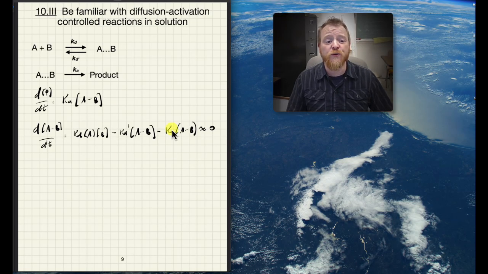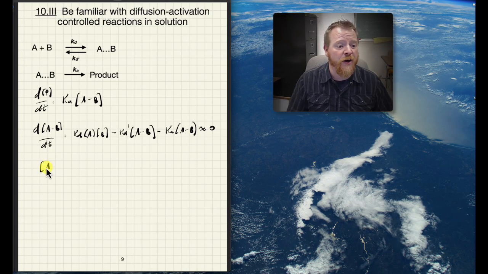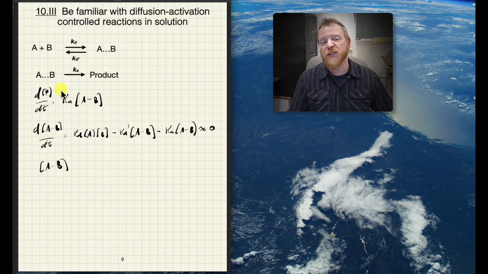And what we want to solve for here is the concentration of our encounter pair so that we can plug it back into our rate of product formation.